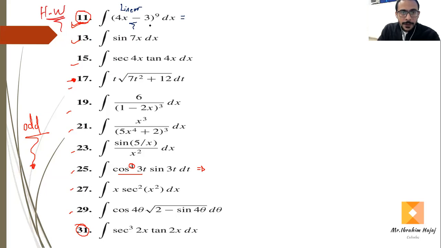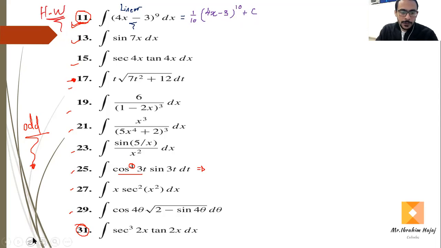So for (x minus 3) to the power of 9 dx, its integral is (x minus 3) to the power of 10 divided by 10, or multiplied by 1 over 10, plus c. So it's 1 over 10 (x minus 3) to the power of 10 plus c.